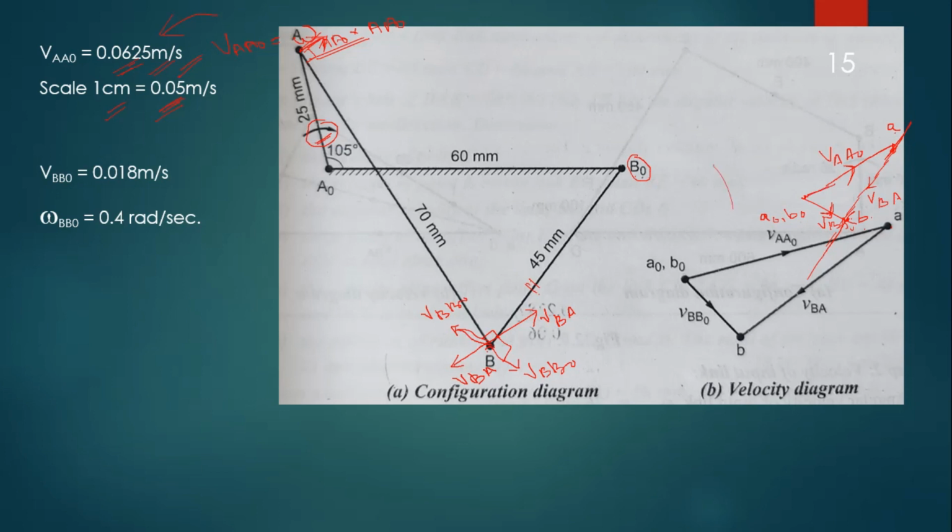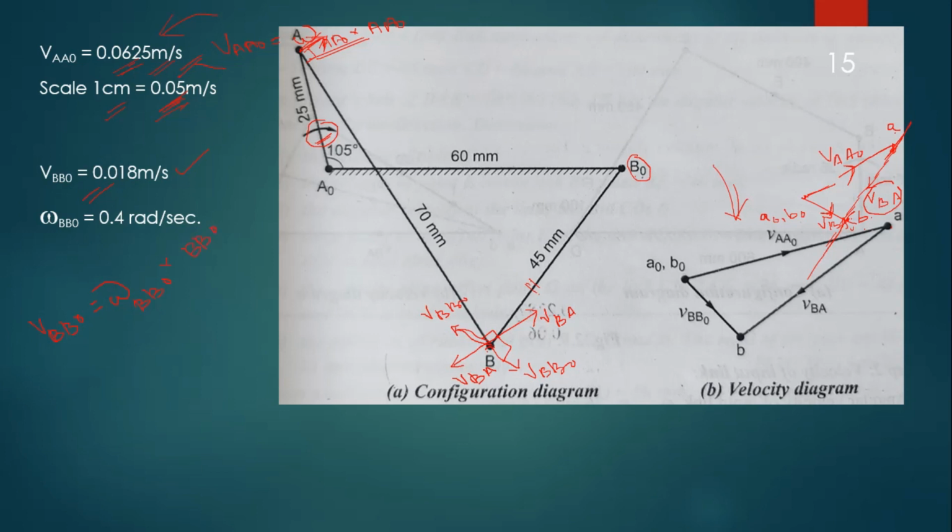So this is the way we have to draw the velocity diagram, and directly we are going to measure the velocity of BA. Measure this vector AB, and that measurement into this scale is converted into meter per second, which is equal to velocity of BA, right? Similarly, velocity of B naught is equal to this value, and we know that velocity of B naught is equal to angular velocity of B naught into the length of the link B naught.